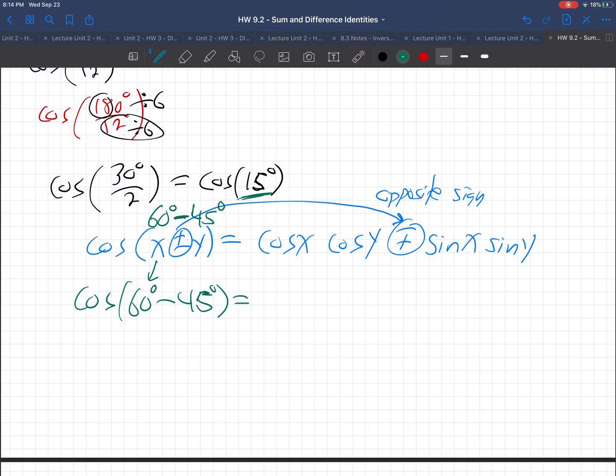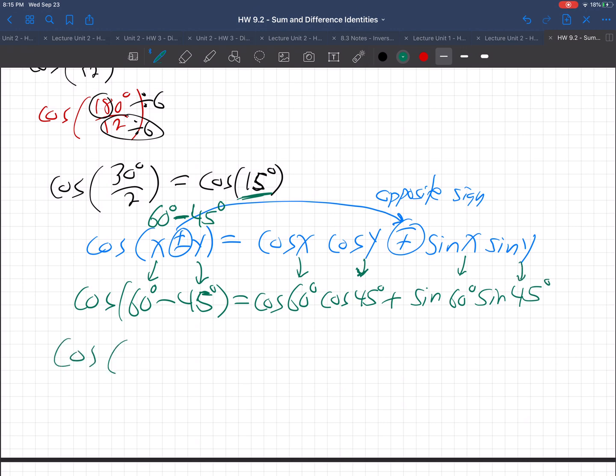So x is 60, y is 45. Again, x is 60, y is 45. Okay, so this is going to be the cosine of 15 degrees.